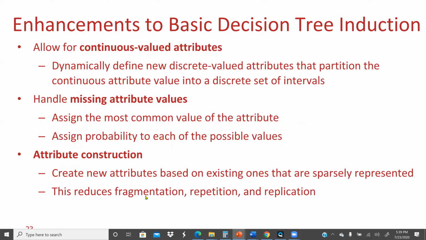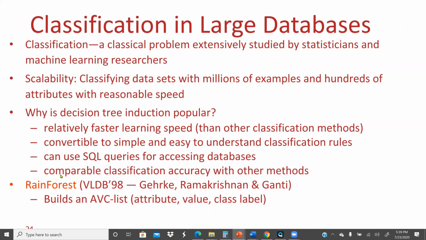Also attribute construction: we create a new attribute based on existing ones that are sparsely represented. This normally will reduce fragmentation, repetition, and replication. So classification in large data sets or large databases, as we said earlier, is a classical problem extensively studied by statisticians and machine learning researchers.